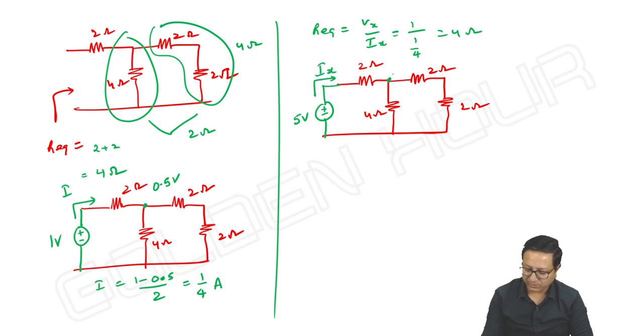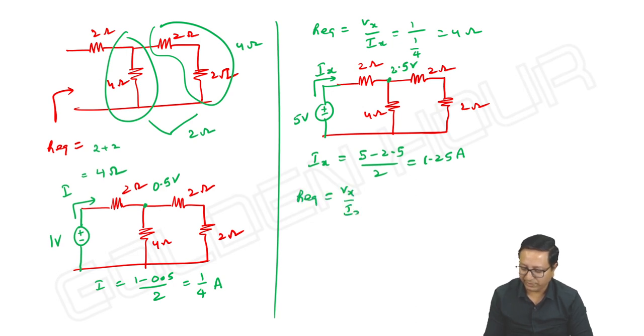Then what is the voltage at this point? It is 2.5 volts. It's a simple circuit. Just recollecting the points, nothing else behind it. So Ix is equal to 5 minus 2.5 by 2, it is 1.25 ampere. Then R equivalent is equal to Vx by Ix, that is 5 by 1.25. It is 4 ohms. That's it.